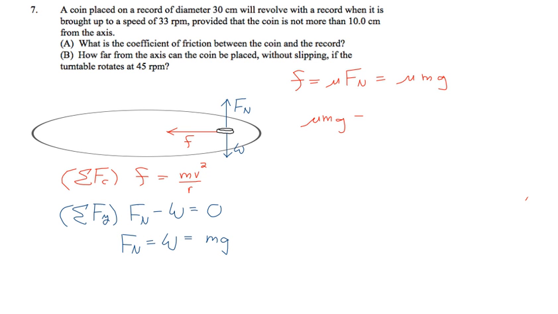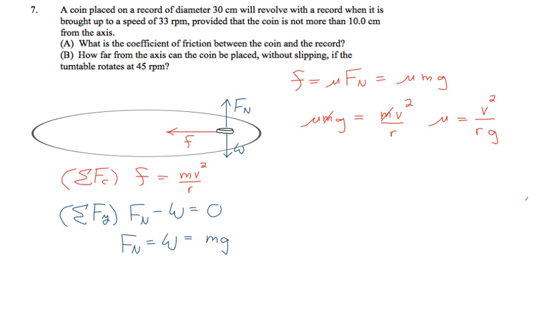And what can I cancel out again? M. And if I'm solving for mu, mu is going to equal v squared divided by rg. I just divide both sides by g to get that.